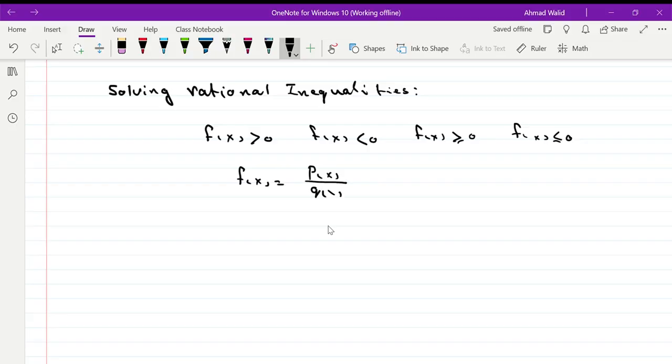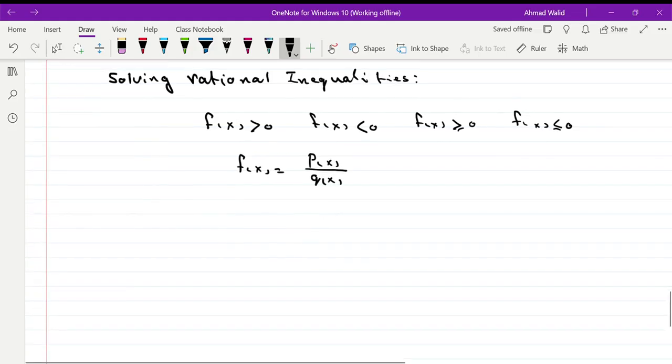Q of x. Because we discussed before rational functions. Rational functions are in the form of p of x over q of x. Correct? Now, rational inequalities, they are also in the form of p of x over q of x.